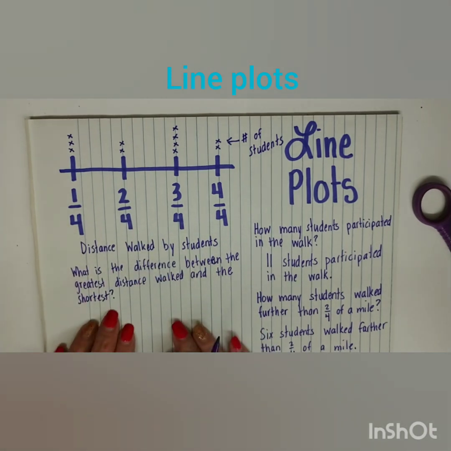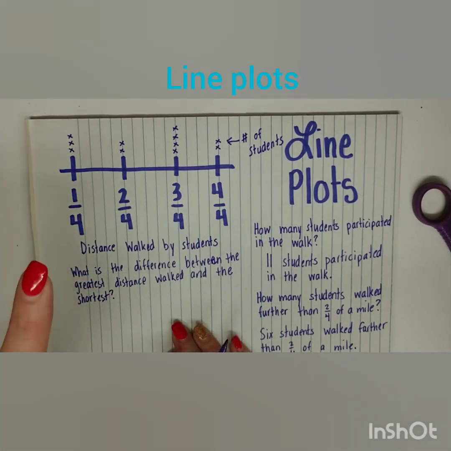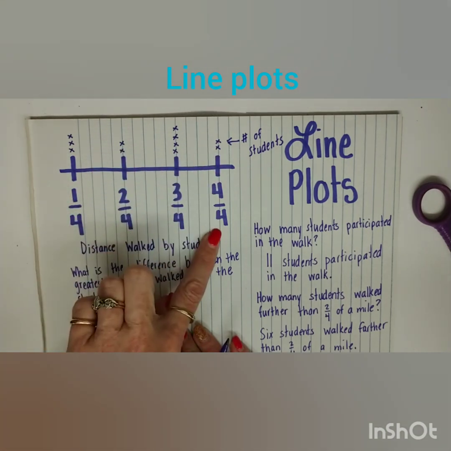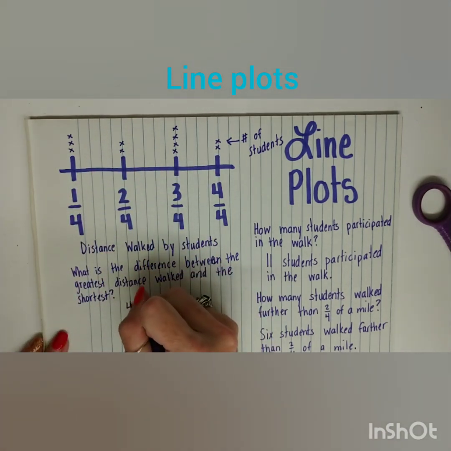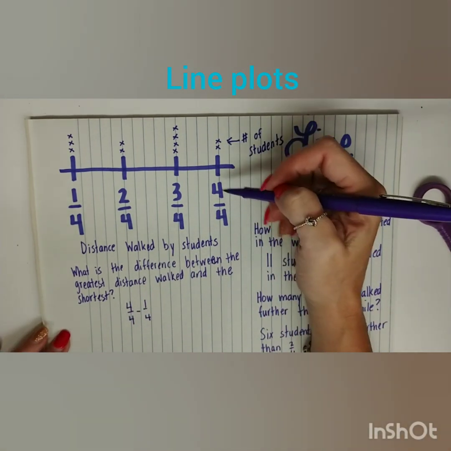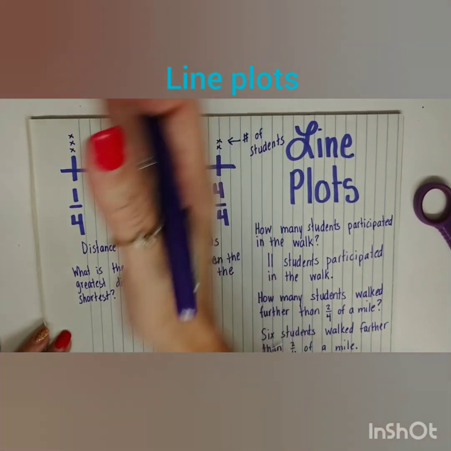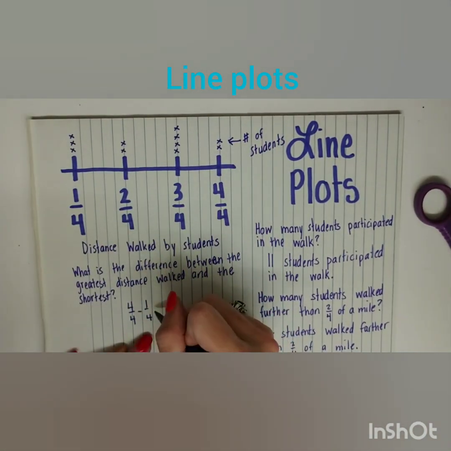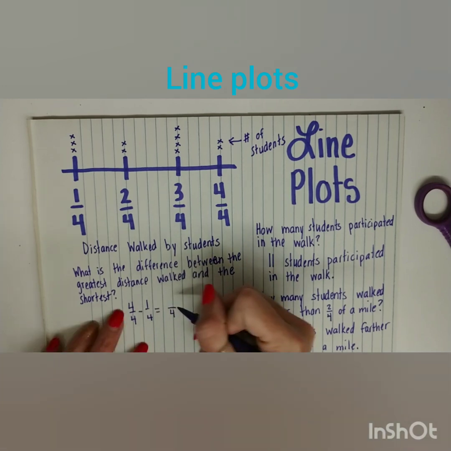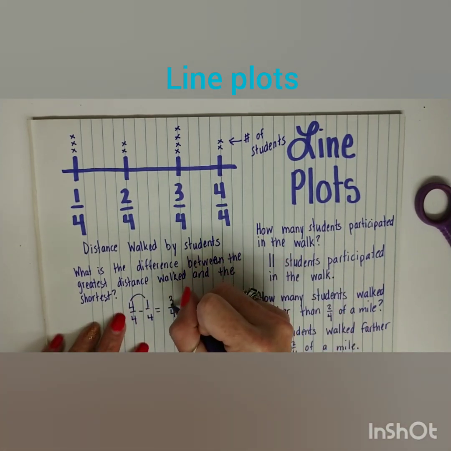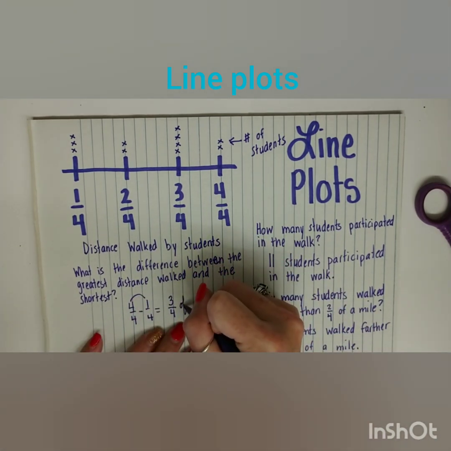So this is talking about distance, so we're looking here. This is my shortest distance, this is my greatest distance. So 4/4 minus 1/4. It doesn't matter how many did that, it just wants to know what is the difference between the furthest one student walked and the shortest one student walked. And that equals, denominator stays the same, 4 minus 1 is 3. So 3/4 of a mile.